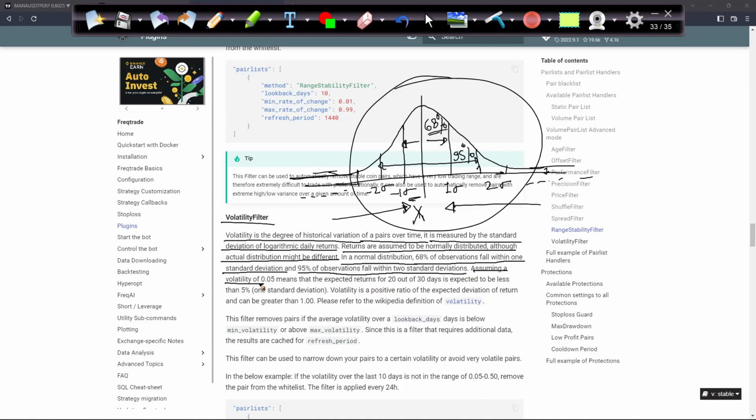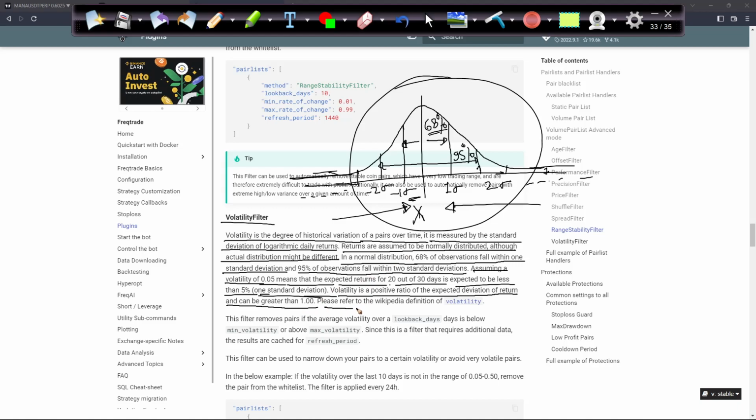Assuming a volatility of 0.05 means that the expected returns for 20 out of 30 days are expected to be less than 5%, which is one standard deviation. So volatility is a positive ratio of the expected deviation of return and can be greater than 1.